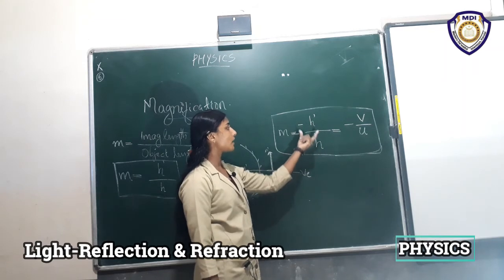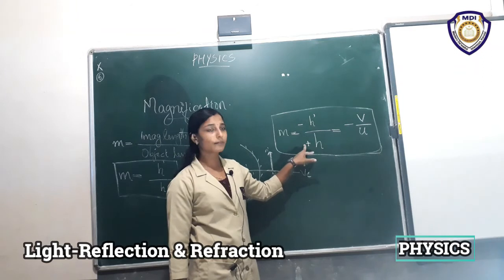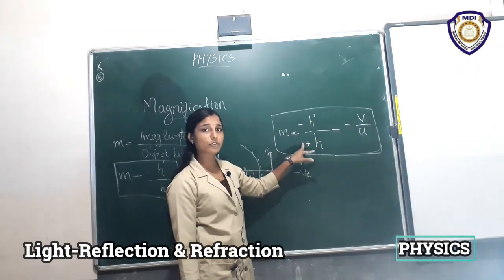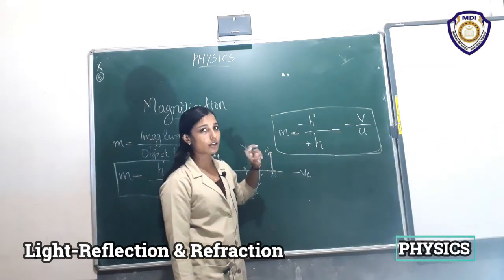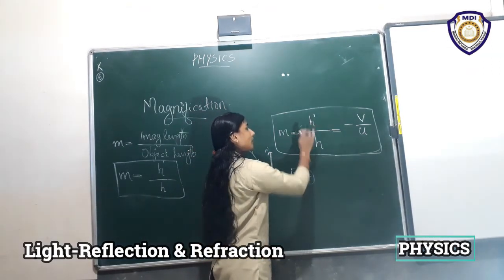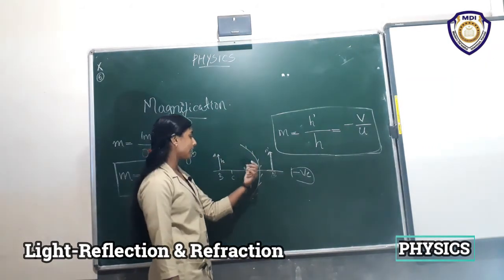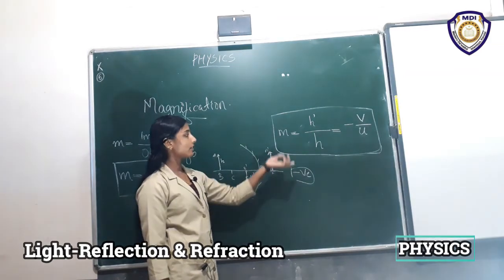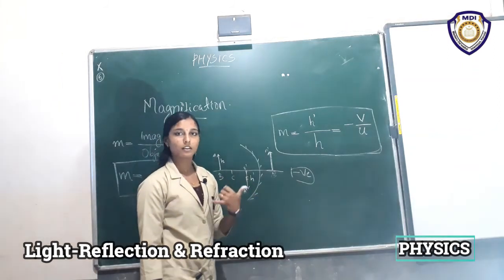A negative divided by a positive gives a negative value. So only real images are inverted, and we can infer from the magnification value that if it is negative, the image is real.